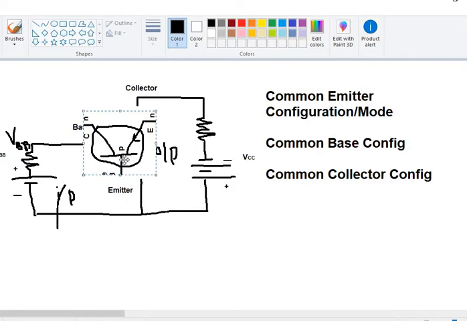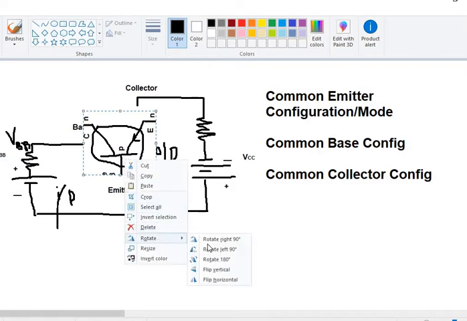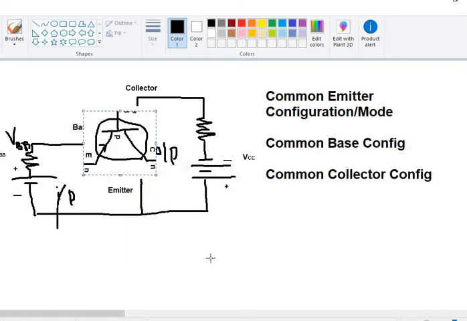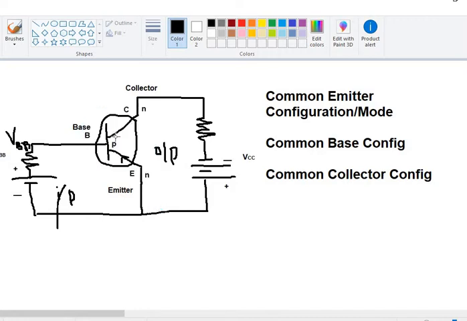Similarly, if the collector is on the ground and is included at the input as well as at the output side, that mode is known as common collector configuration.